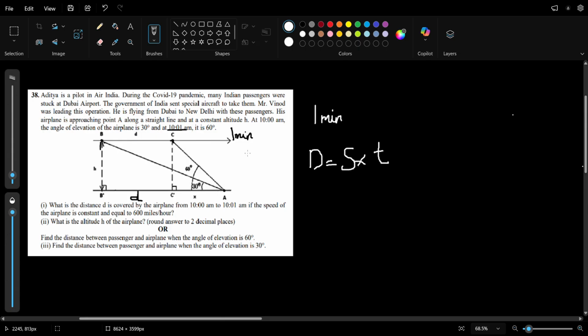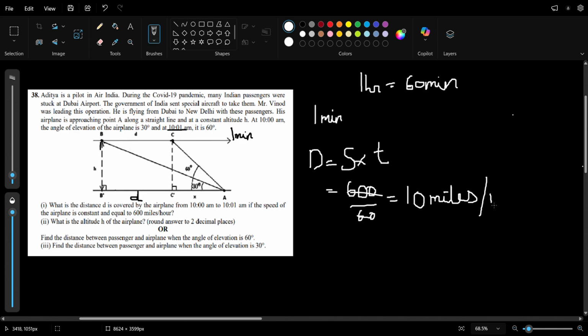If we convert this hour to minutes, 1 hour is 60 minutes. So when I convert this 600 miles per hour, it will become 600 by 60, that's equal to 10 miles per minute.